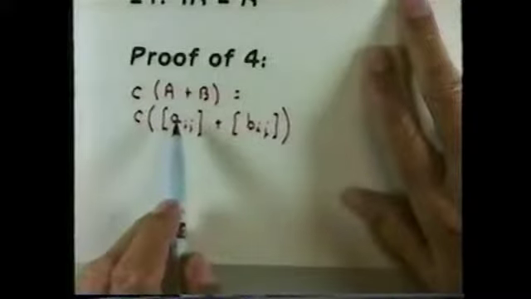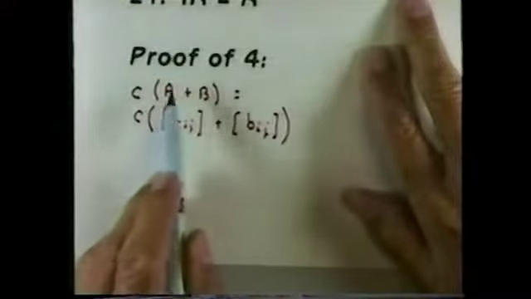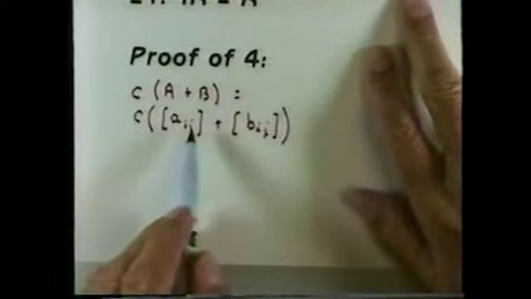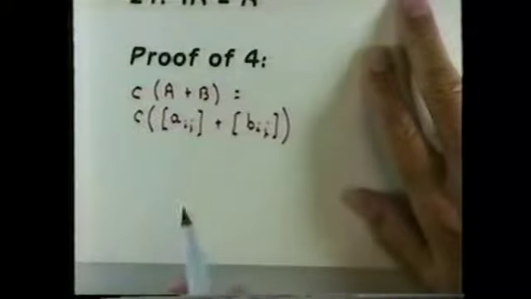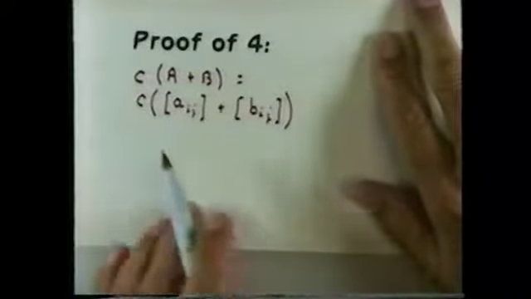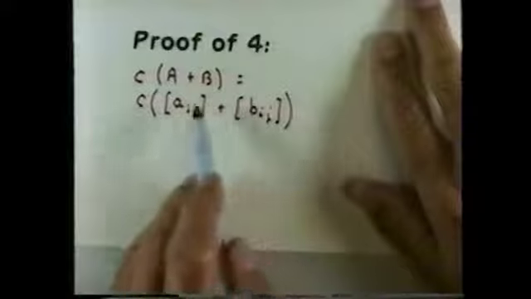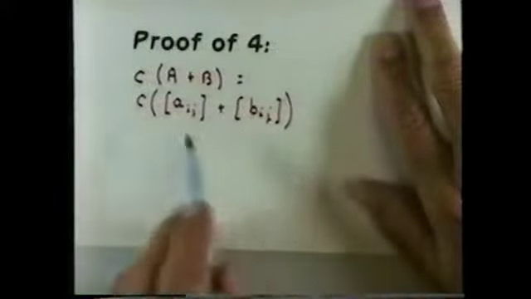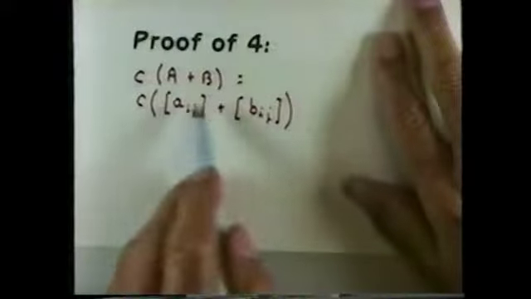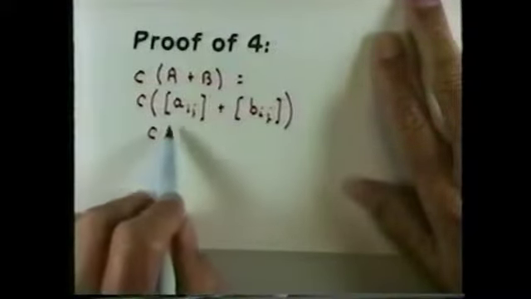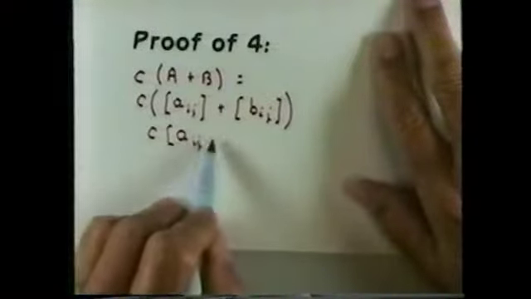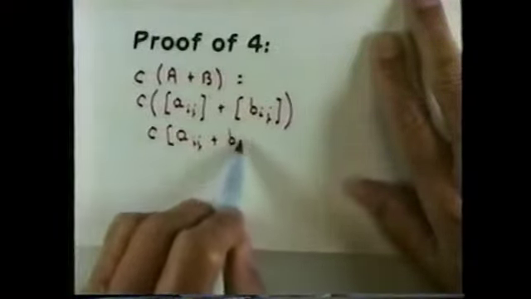Because remember, this is how I denote the elements in matrix A. Matrix A would be the elements in row I, column J. Well, to add matrices, which I do first, I add corresponding elements. Well, these are the corresponding elements, so I would have C times Aij plus Bij.